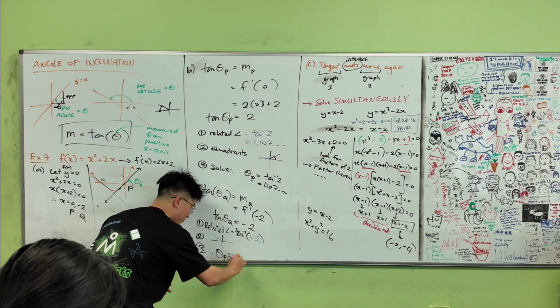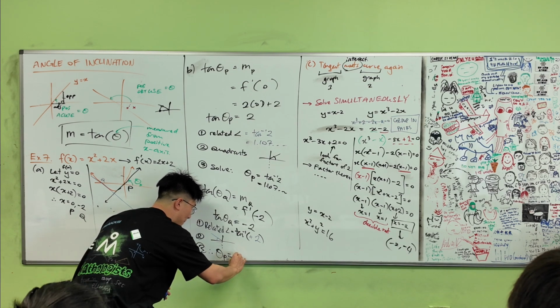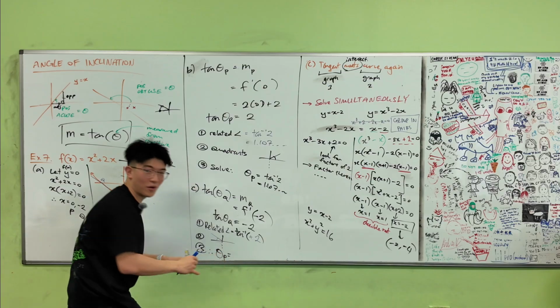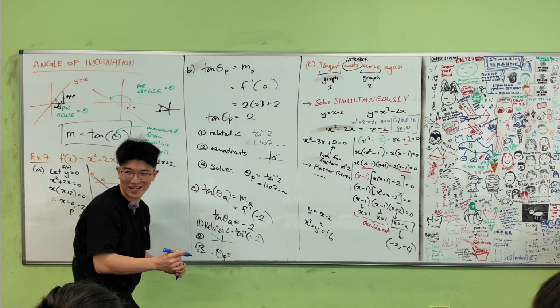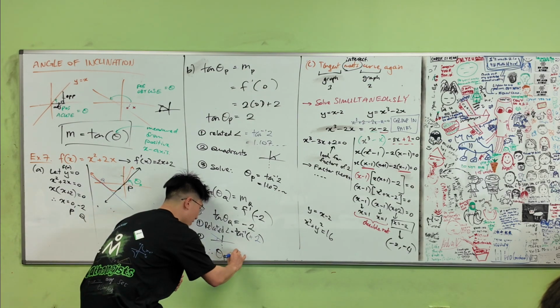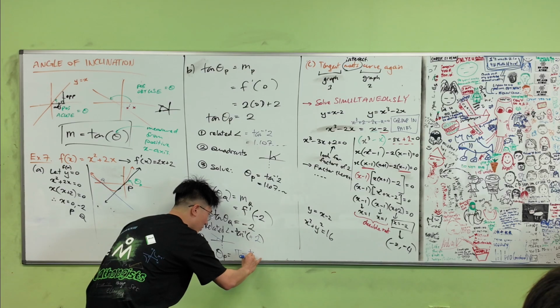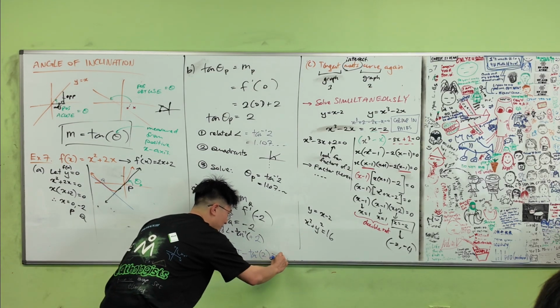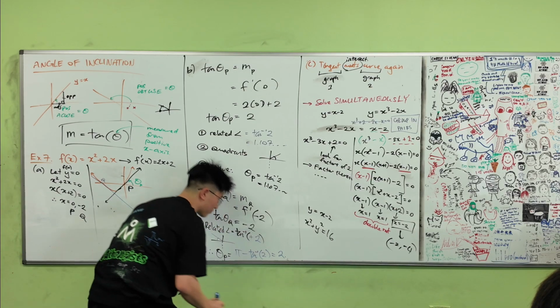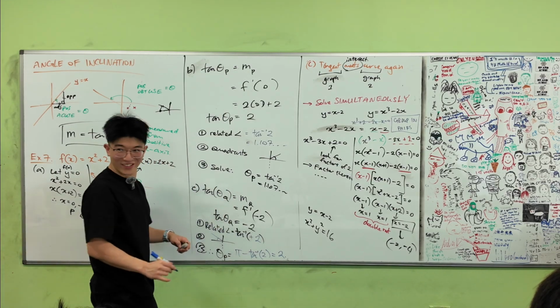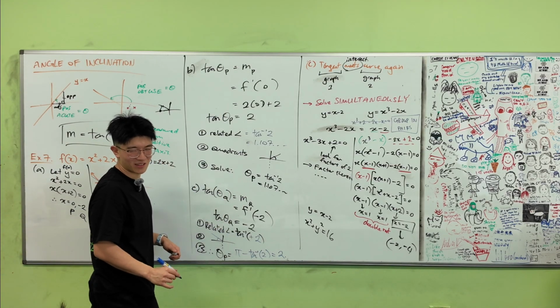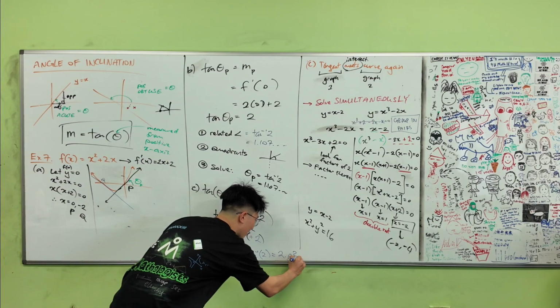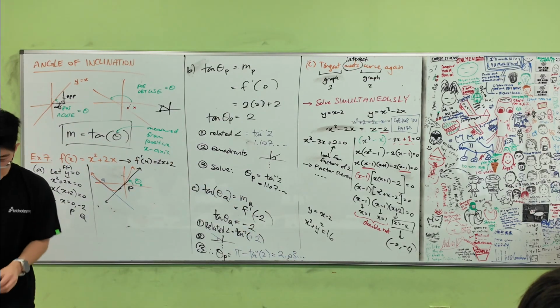All right, so therefore, theta p equals 180, but we're doing radians, so what's 180 in radians? Pi minus tan inverse 2. And then you guys give me what number you get. That would be like 2 point something, right? 2.07 as well? No. Yeah, 2.03.